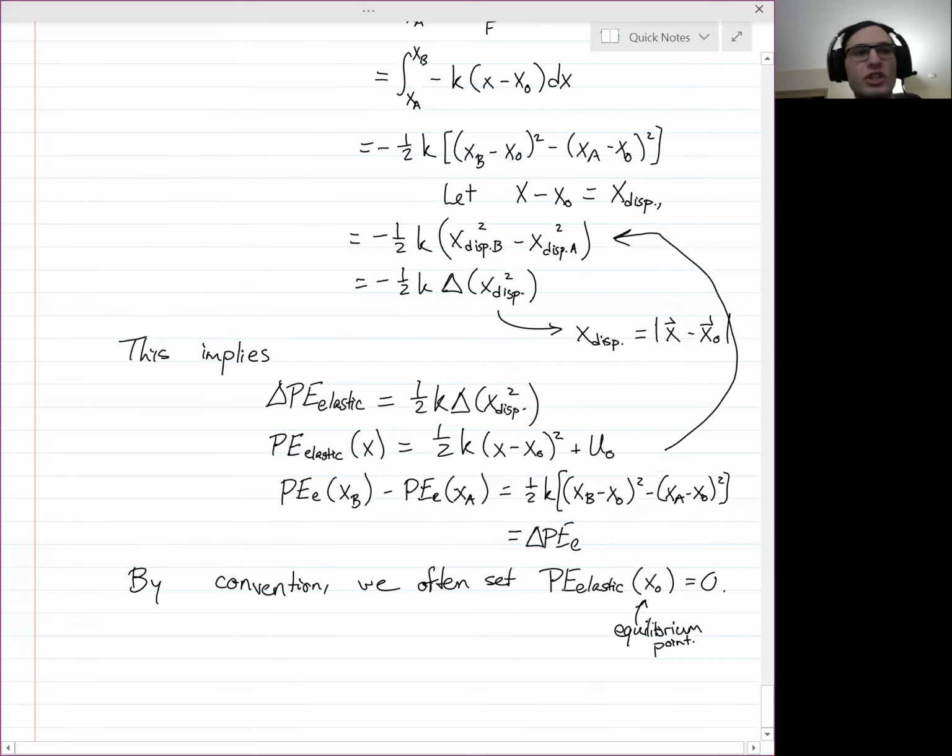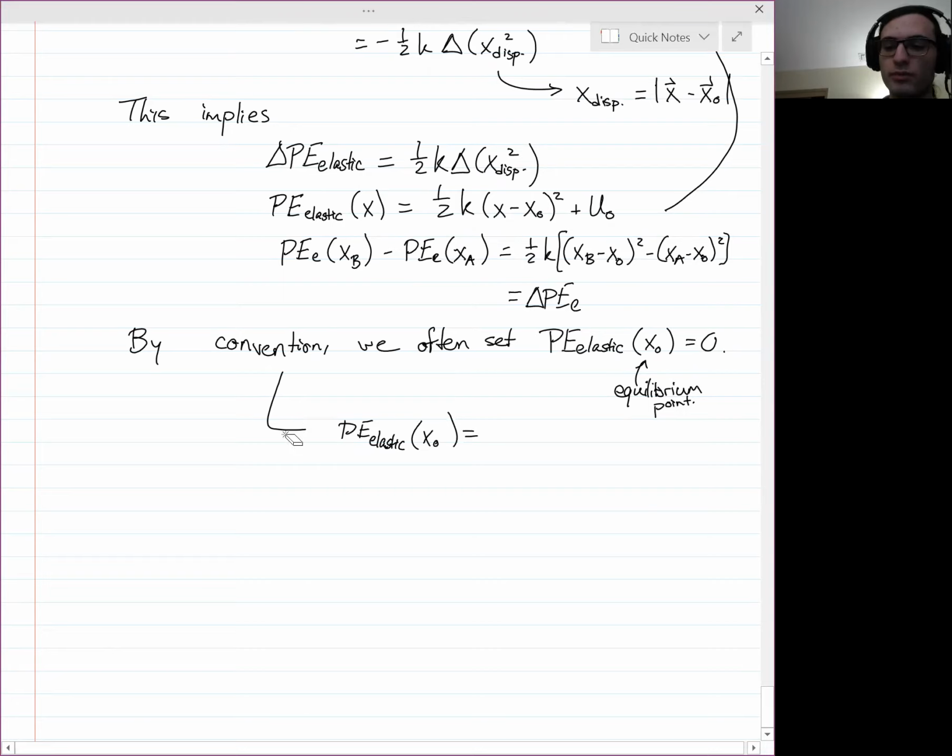This tells us that the elastic potential energy at x naught should be equal to, sorry, let me put this over here. 0 equals the elastic potential energy at x naught, and so we can plug that in. What do we get? We get 1/2 k times 0 squared plus u naught, which tells us that u naught is 0.